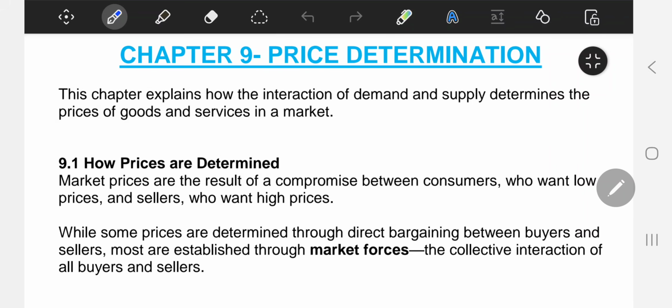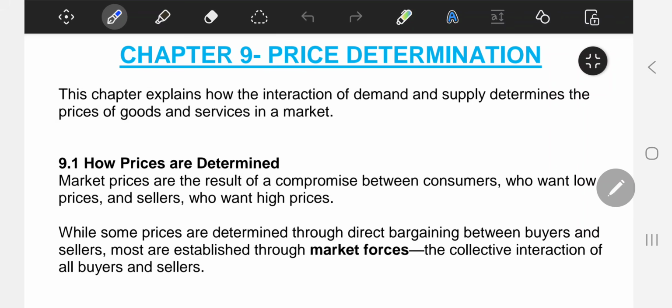IGCSE Economics. In this chapter, we're going to be talking about price determination. I just want to begin by saying that in the previous two videos, we've talked about demand and supply. And what you realized is that consumers want a lower price so that they can buy more, and suppliers want a higher price so that they can supply more.